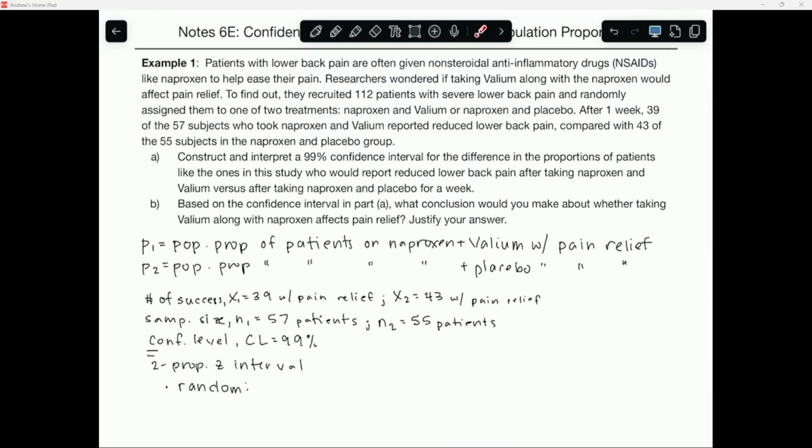And if I go back up here, it says they recruited 112 patients with severe lower back pain and randomly assigned them to one of 2 treatment groups. So random assignment was used.